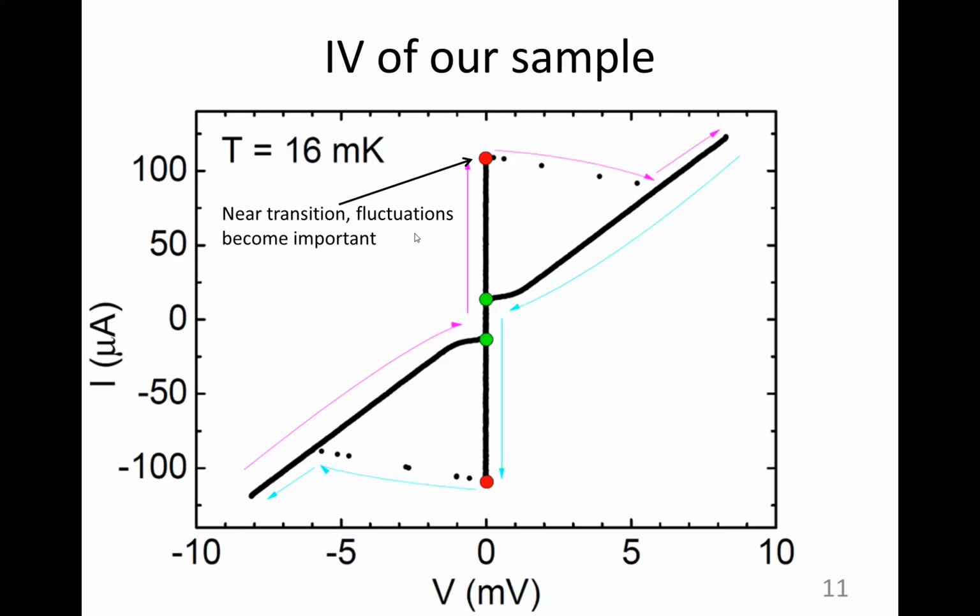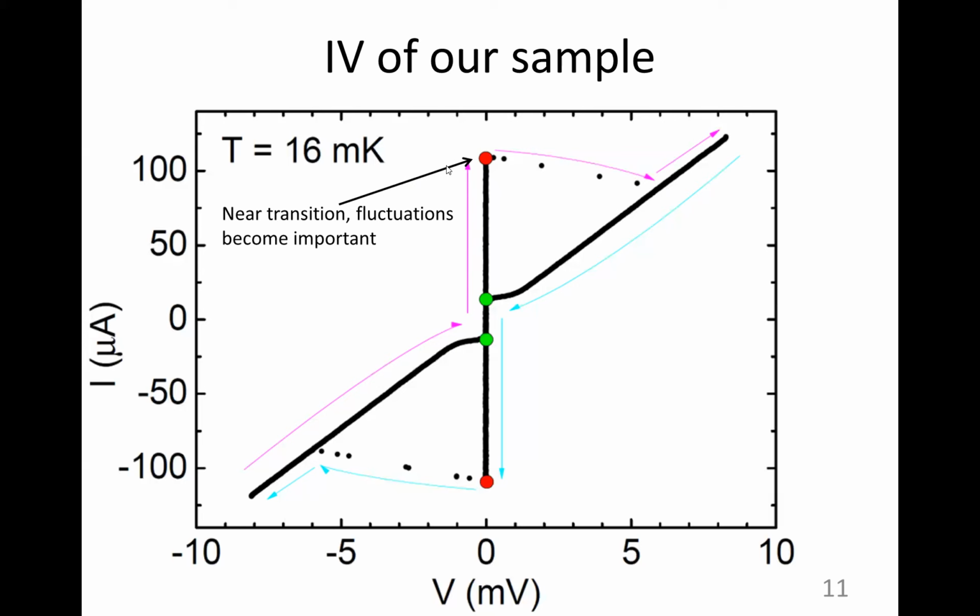And now where our thermometry is hidden is near this transition. So if you remember from the theory of phase transitions, if you are near the transition, the fluctuations, either of thermal or quantum origin, become important.